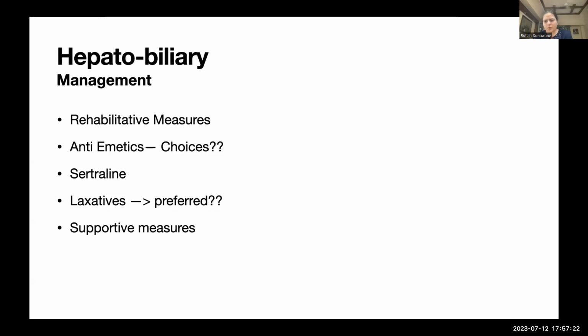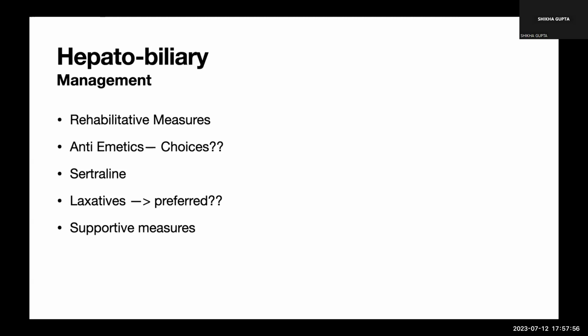Bulk forming, okay. Lactulose, yes, lactulose would be the preferred laxative here, or bulk forming. If bulk forming along with the prokinetic, then along with the stimulant, you'll have to give softeners like lactulose or glycerol, or you can even use stimulants like bisacodyl, or a combination of both, softeners and stimulants.